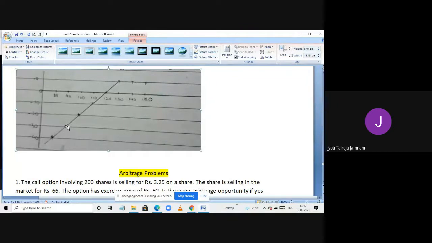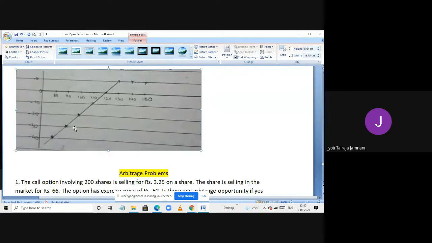At 90 the loss is minus 30. At 100 it's minus 20. At 110 it's minus 10. At 120 no profit, no loss, 0. Then at 130 plus 10. At 140 plus 10. At 150 plus 10.